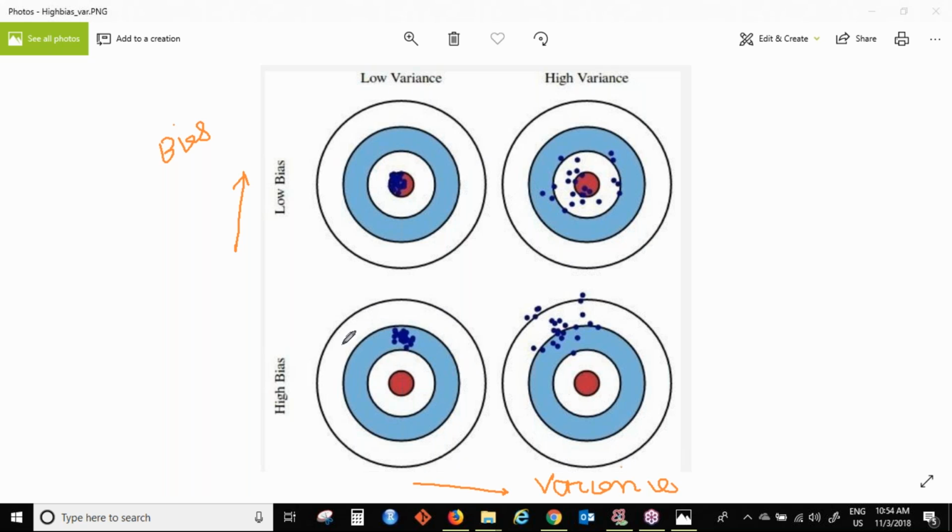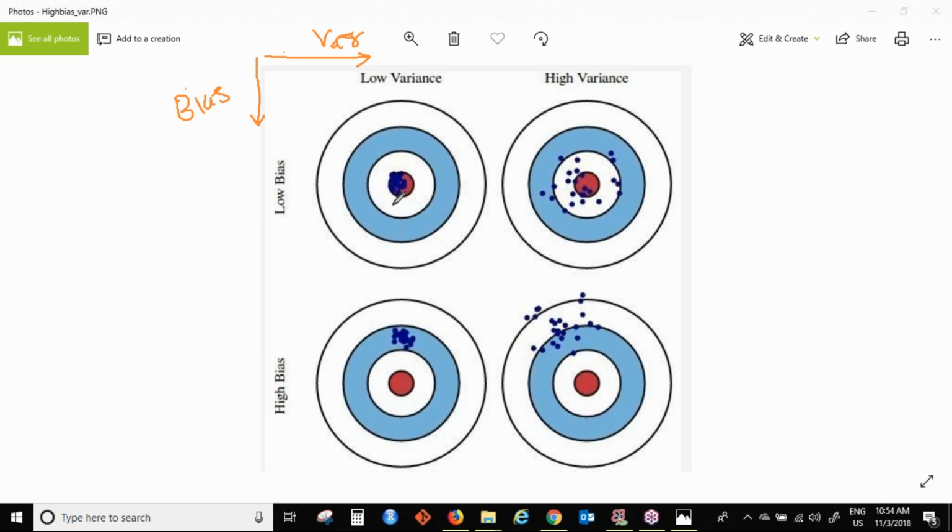It starts from here. This is your variance and this is your bias.